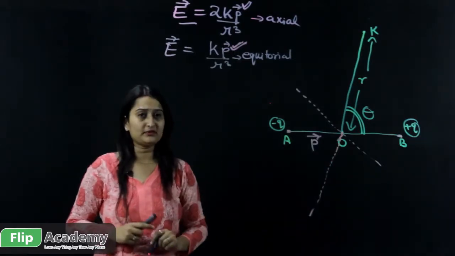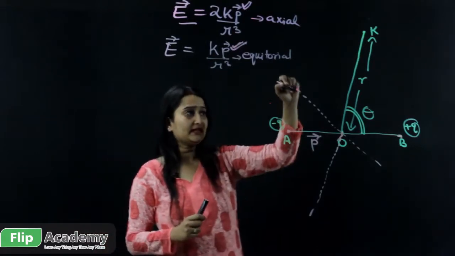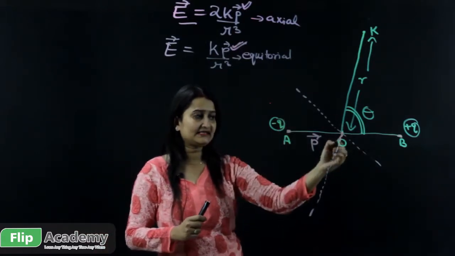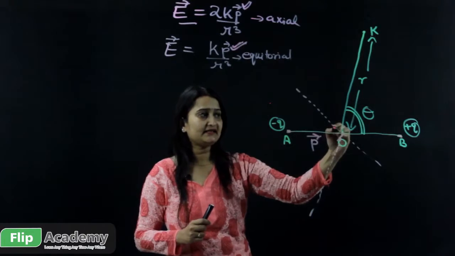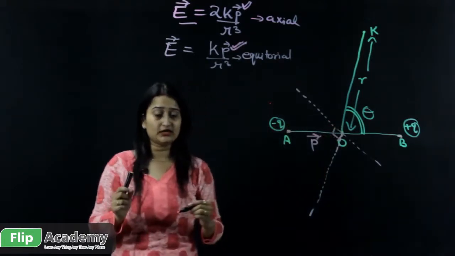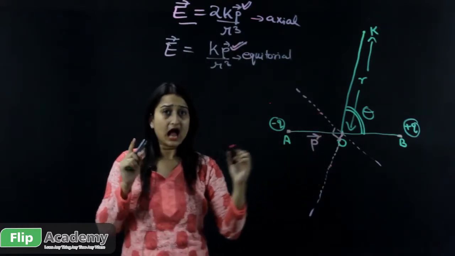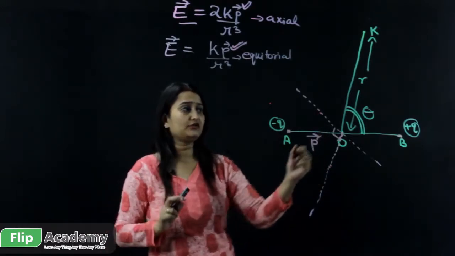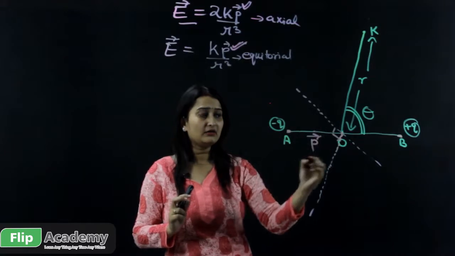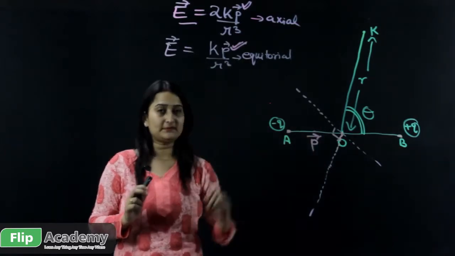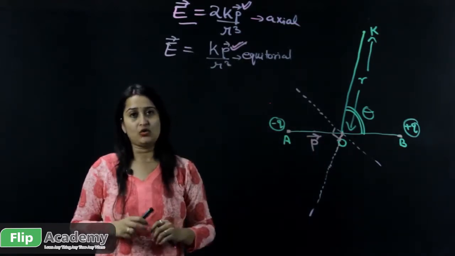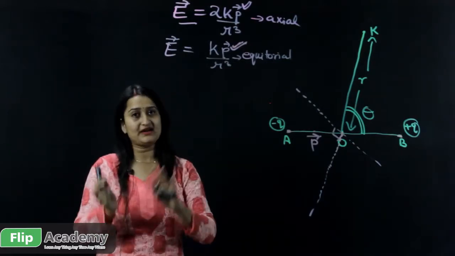Now, you can see from the diagram that this y-axis and this x-axis are at 90 degrees to each other. That means these are the two vectors which are resolved from the dipole moment, which is represented by P. Now, you already know how vectors are resolved.